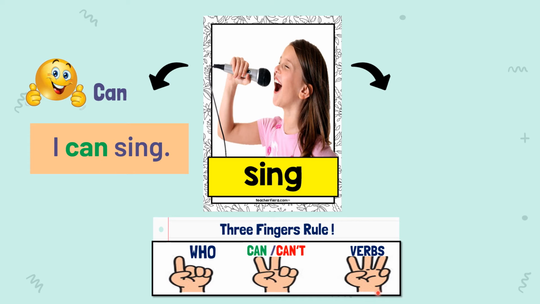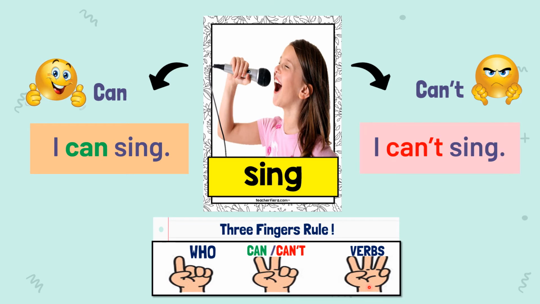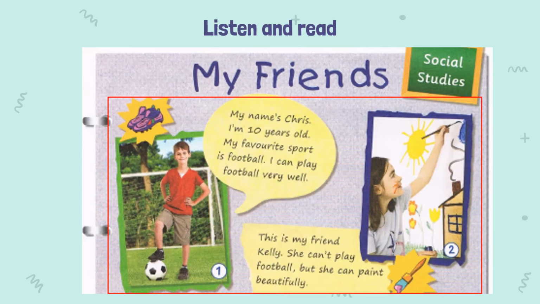Okay? If you cannot sing, how can you write again? Same three finger rules. The first finger, I, the second finger, can't, the third finger, sing. I can't sing. Very good.